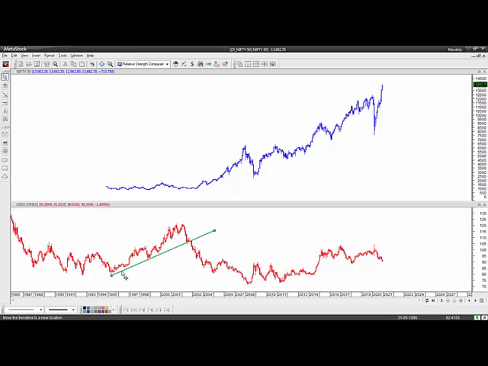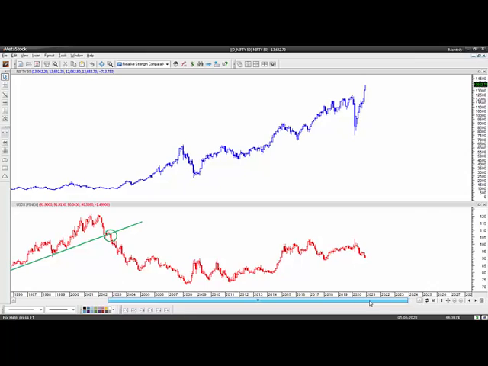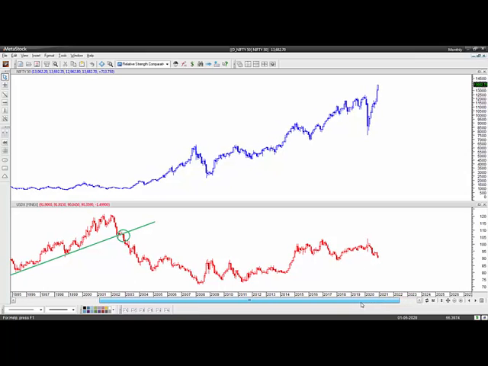This is where the big breakdown happened on the dollar index back in 2003. All right. So this was the turning point for the markets, for Nifty, in 2003 roughly.